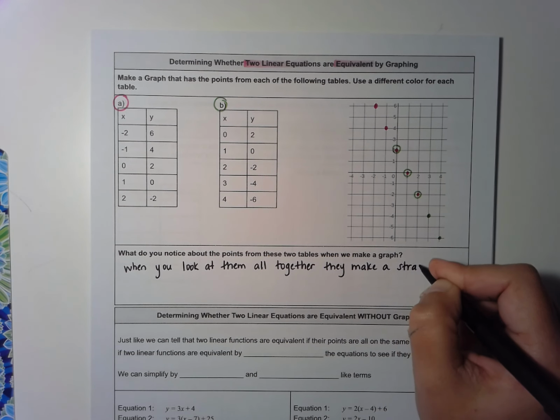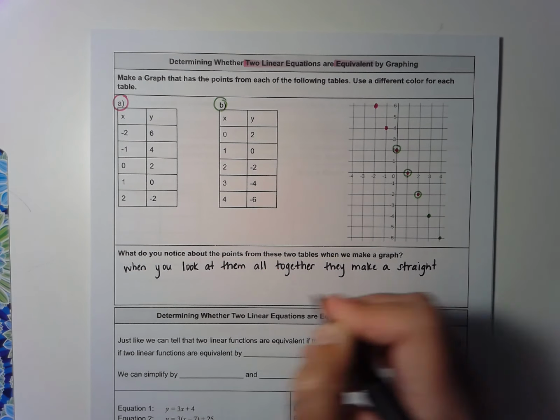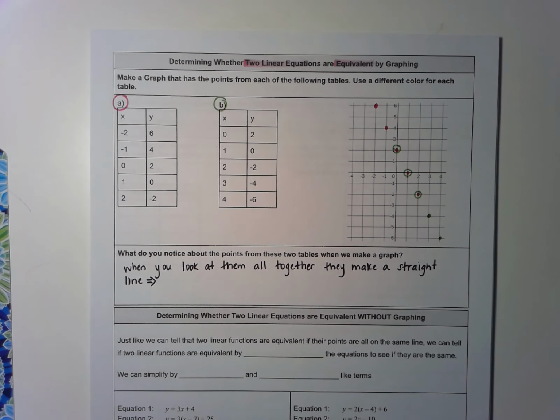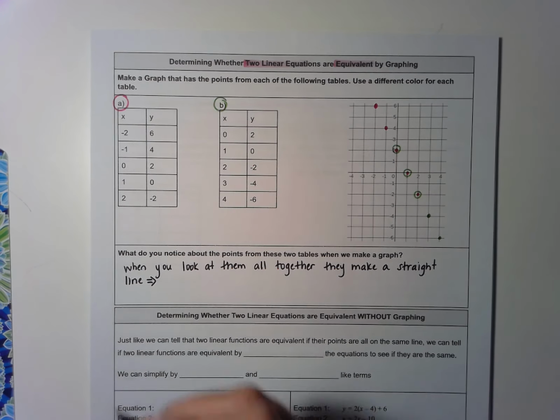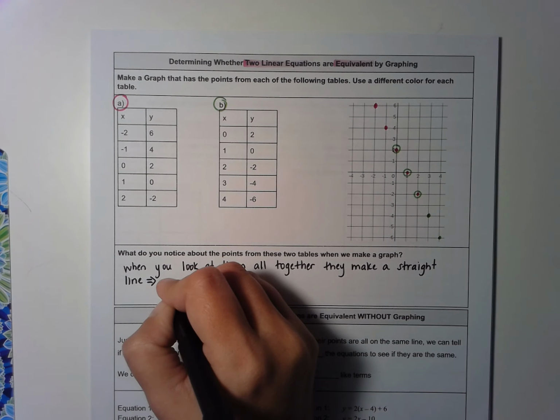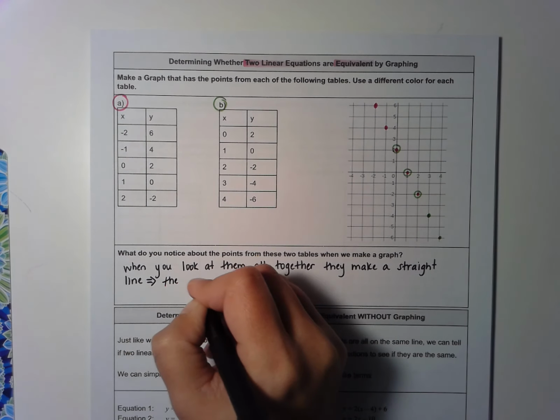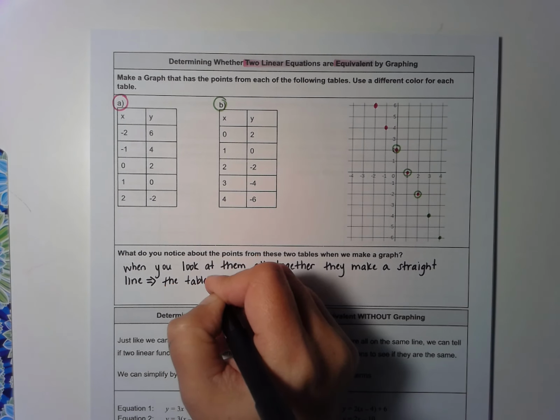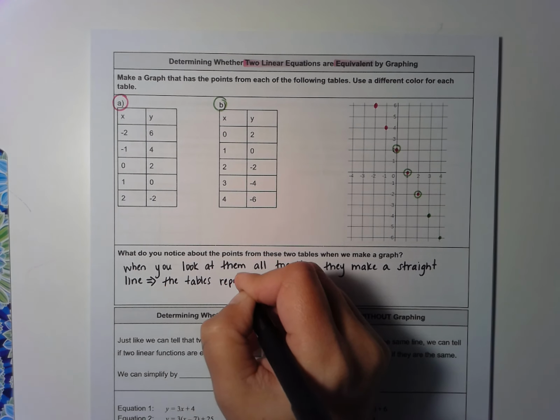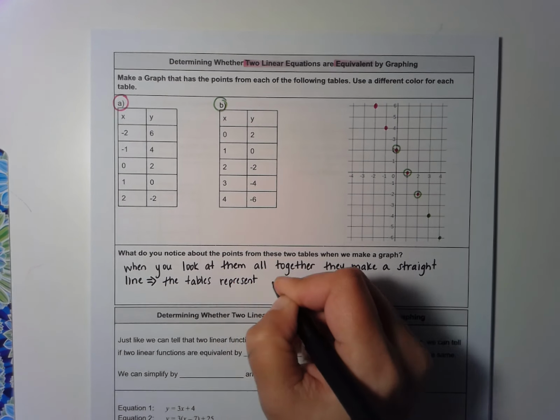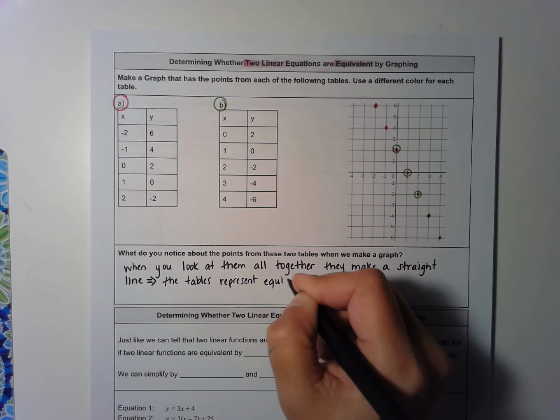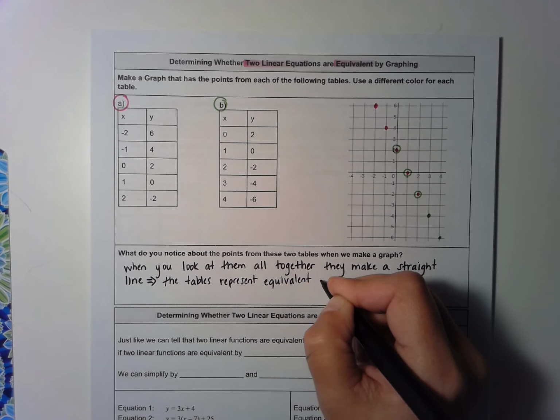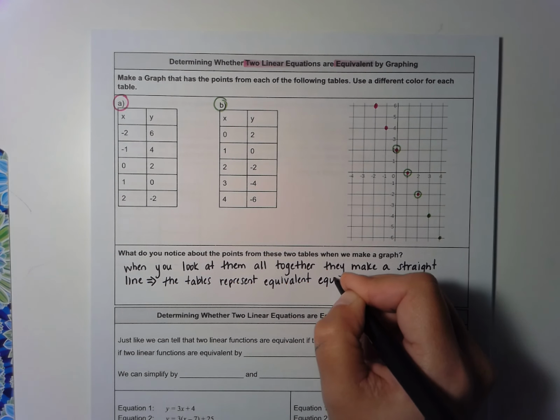And the reason that that's important is that if all of the points all together make a perfectly straight line, then that means the tables represent equivalent equations.